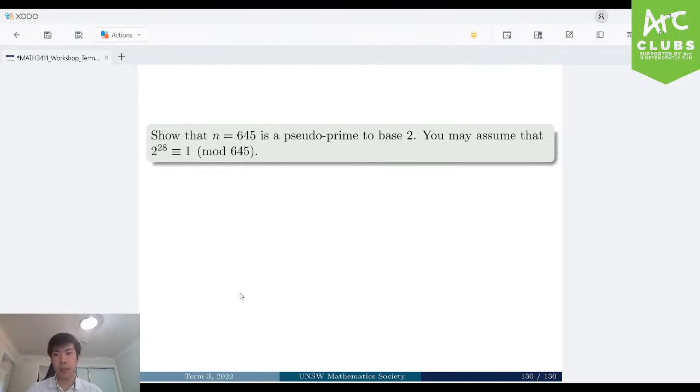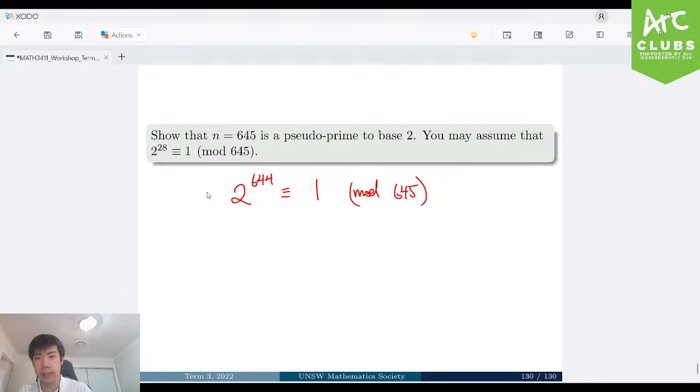Show that this number, 645, is a pseudo-prime base 2. You may assume that 2 to the power of 28 is congruent to 1 under modulo 645. So how might we go about doing this? What we need to do is check if 2 to the power of 644 is congruent to 1 mod 645. If that is the case, then we can say that 645 is pseudo-prime base 2.